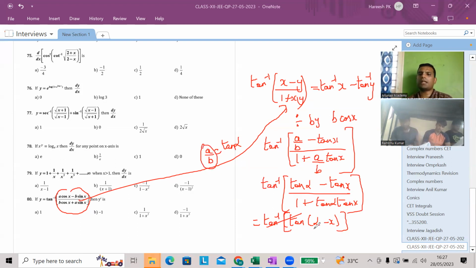So when you differentiate alpha minus x, what do we get? Minus 1. That's it. So many questions were very easy actually. So what is the learning? You should try to make the first term of the denominator as 1.